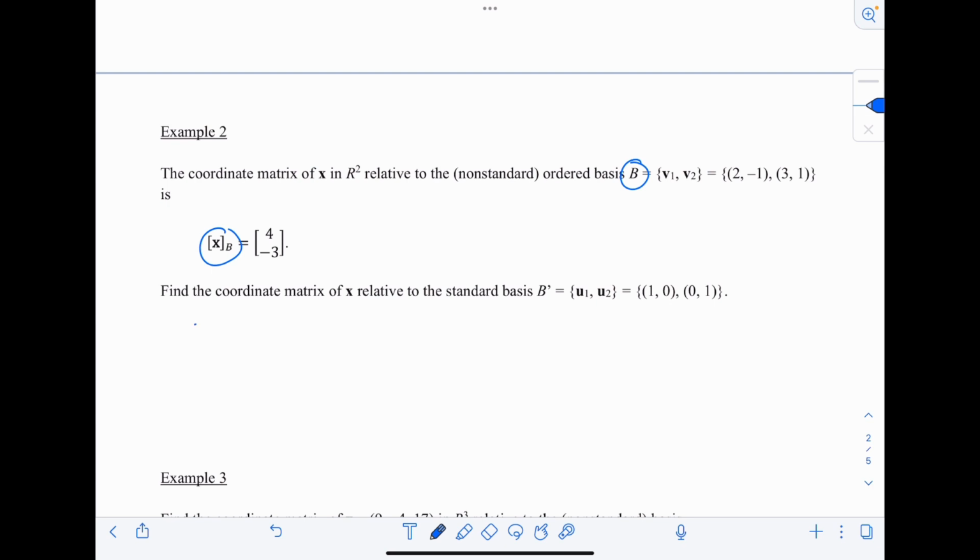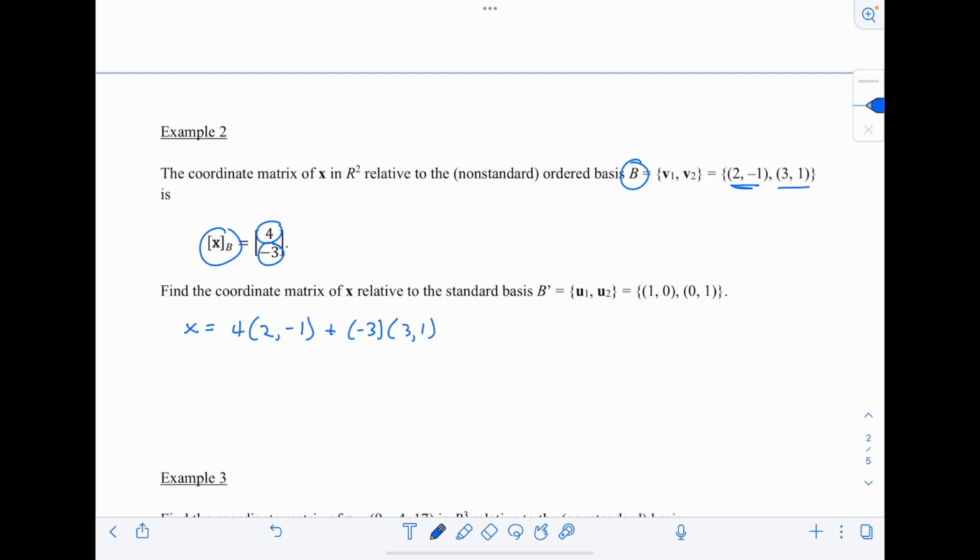We know that x is basically 4 times (2, -1), because our first scalar is 4, and we multiply that by the first vector in B. Then plus, my second scalar is -3, and we're multiplying that by the second vector, (3, 1).